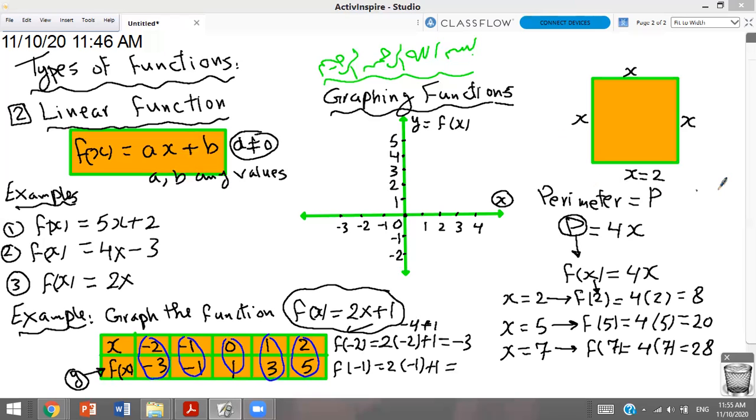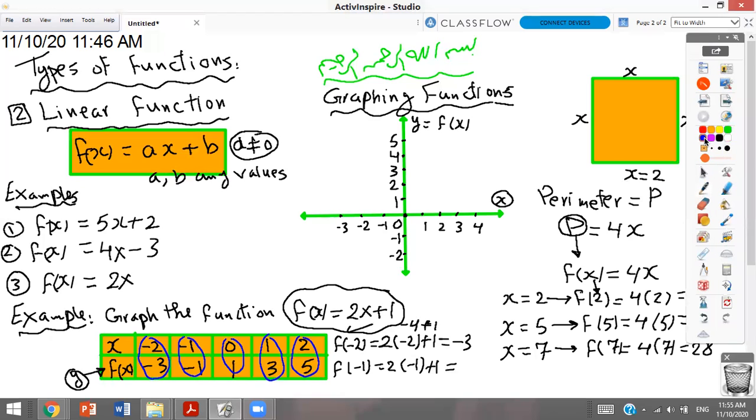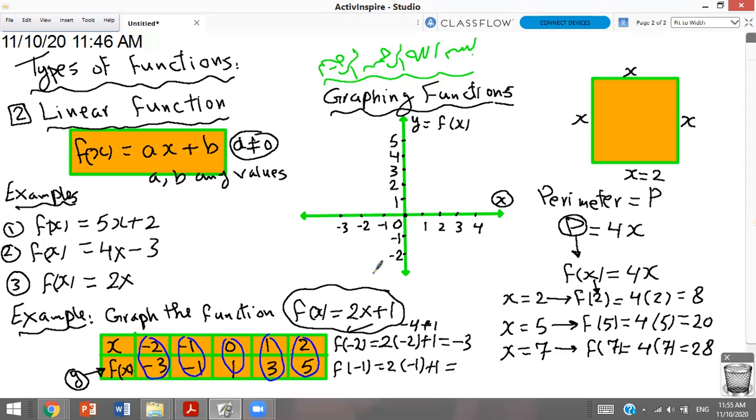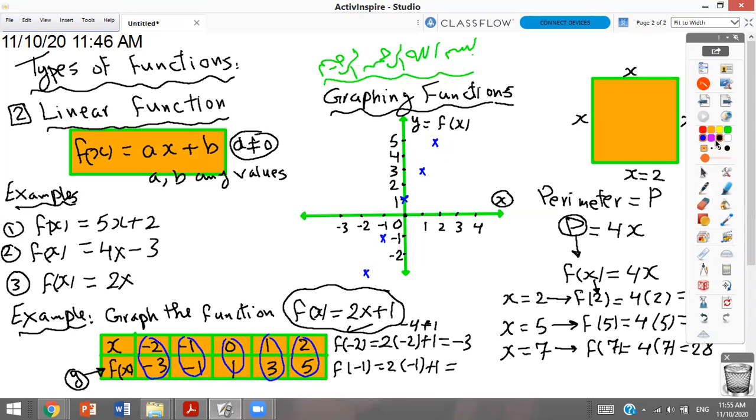Then if you want to determine our points, it will be like this. Negative 2, negative 3, it will be here. Negative 1, it will be here. 0, 1, it will be here. 1, 3, last 2, what? 5. Now we can join them.